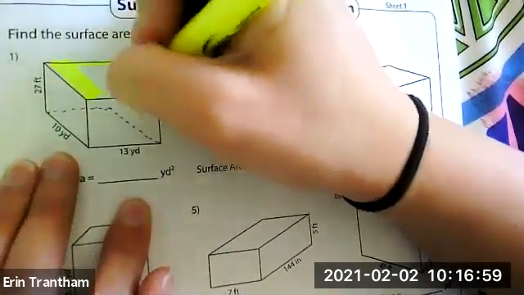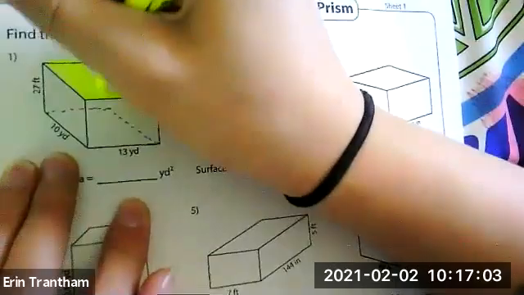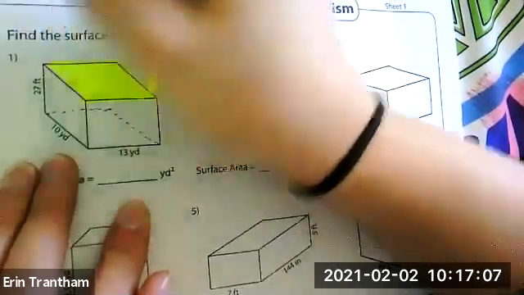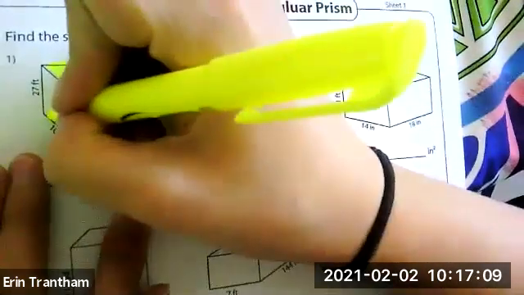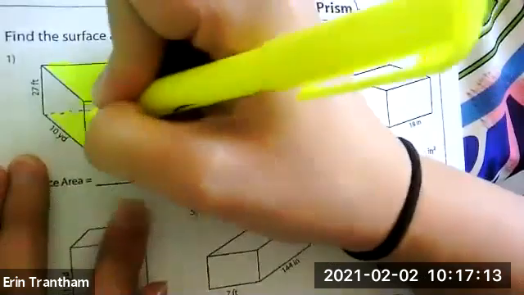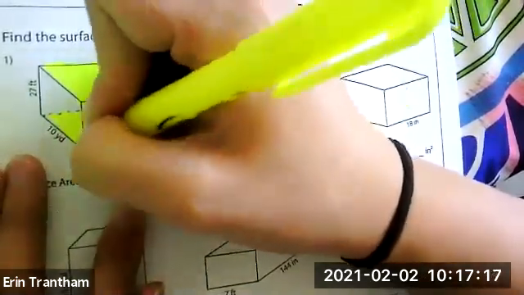Congruent is an 8th grade math word for the same. And the top and bottom of this prism will never run into each other. They're just going to keep going in the same direction. We're going to be doing both. So let's just shade in our bases.